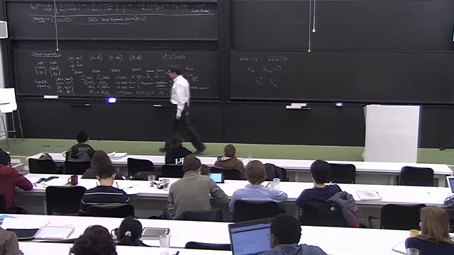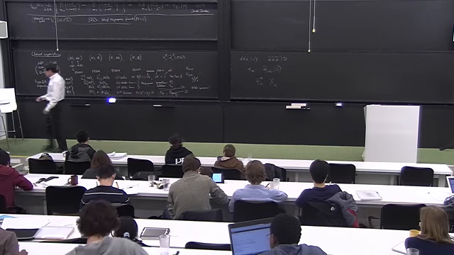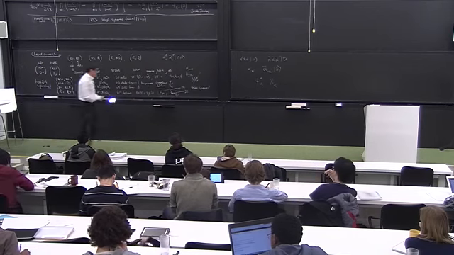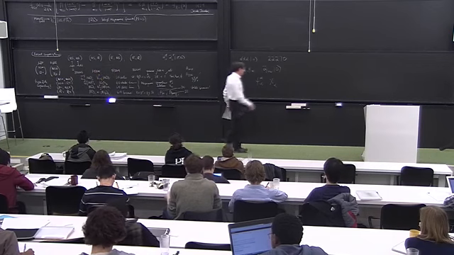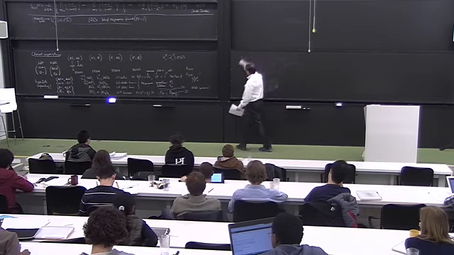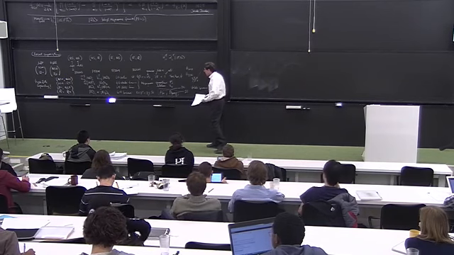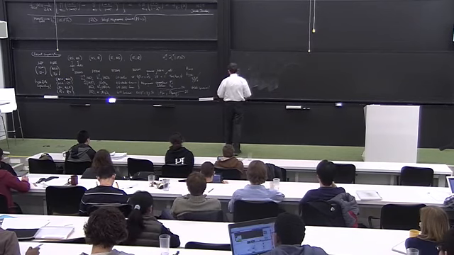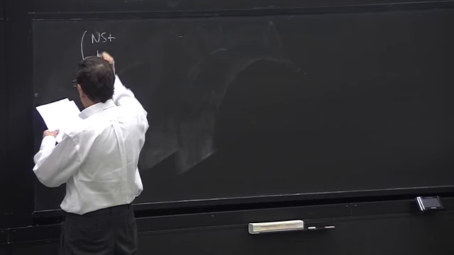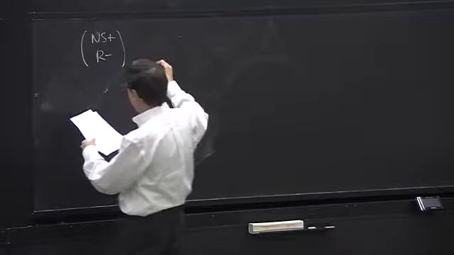Okay, we have to do the other superstring. So the other superstring is obtained by combining NS plus with R minus on the left.